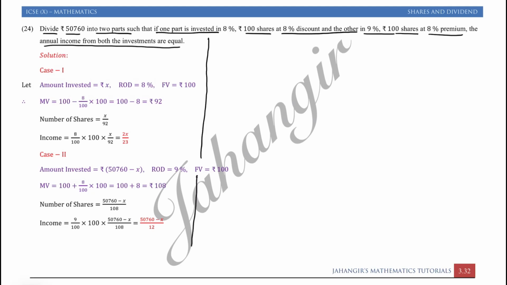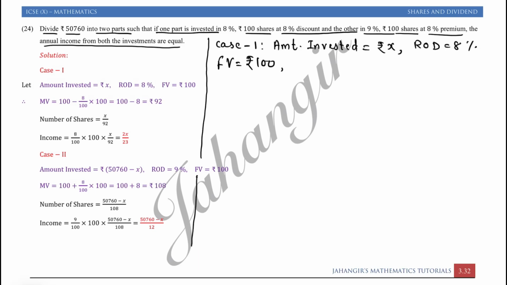So here again, case 1: let the amount invested be rupees x, with rate of dividend 8%, face value rupees 100, at a discount of 8%.